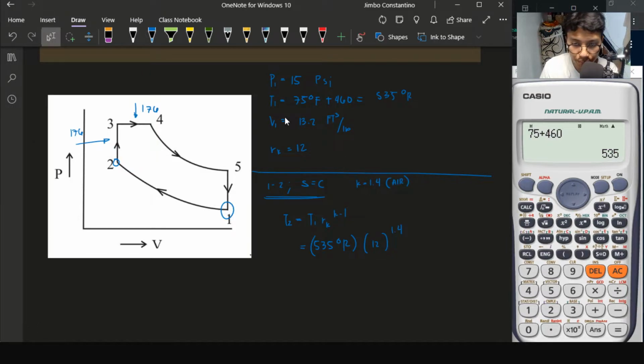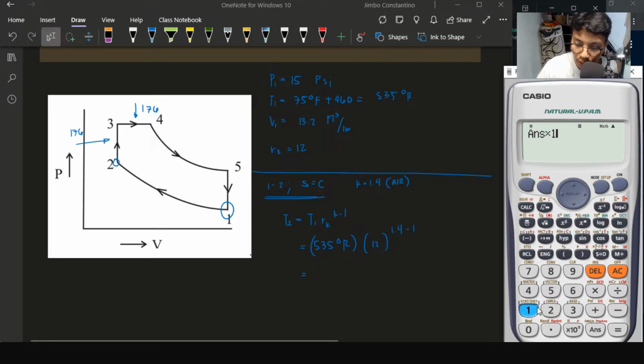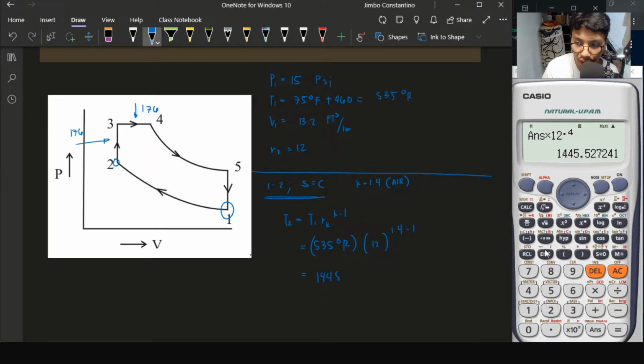Standard yan. Minus 1. So, T2 is equal to 535 times 12 raised to 0.4 na lang. That is 1445 pala. 1445.5272 degrees Rankine. That is T2.